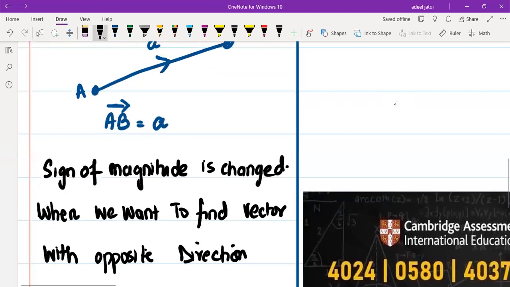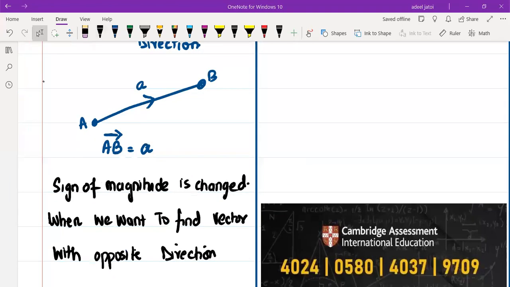What does it mean? We already know that when we move from A to B, the direction is on the right hand side. The magnitude is a. The sign of the magnitude is changed when we want to find the vector with the opposite direction.